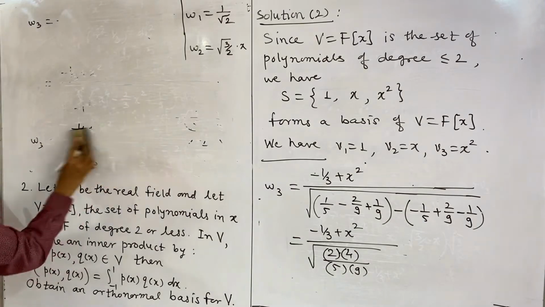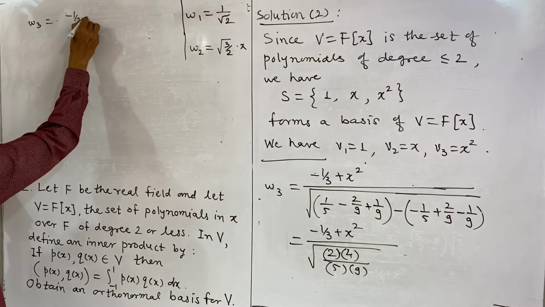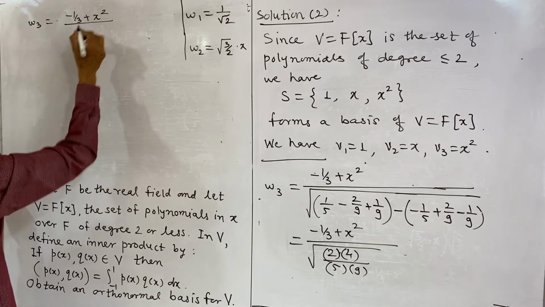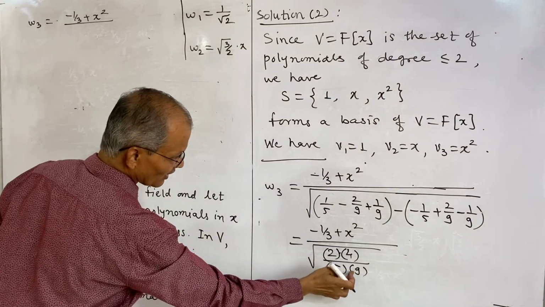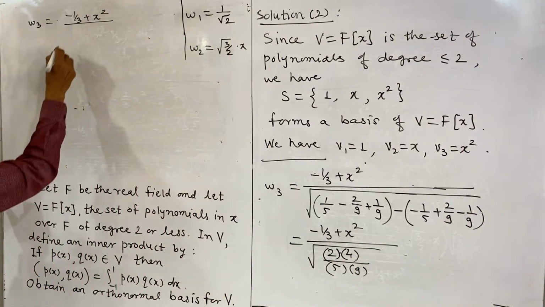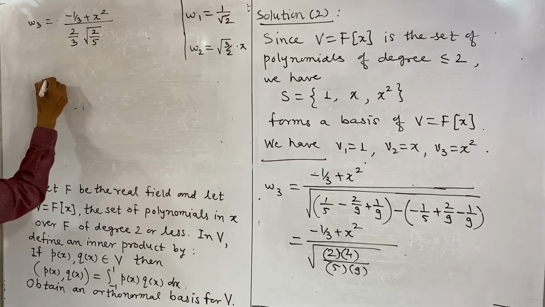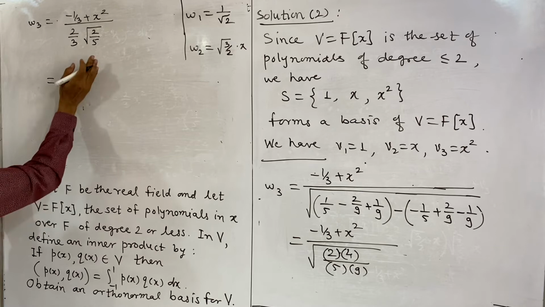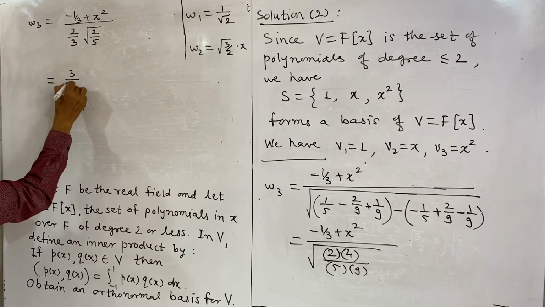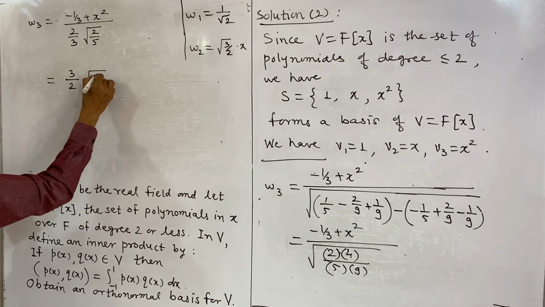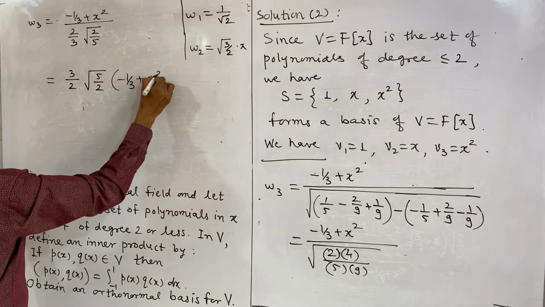(−1/3 + x²) divided by root 2 by 5, 2/3. This square is 2/3 and root 2 by 5 remains in bracket. 2/3 into under root 2 by 5, or that can be written as, see this is at the numerator it will be a reciprocal, 3 by 2 root 5 by 2 into (−1/3 + x²).